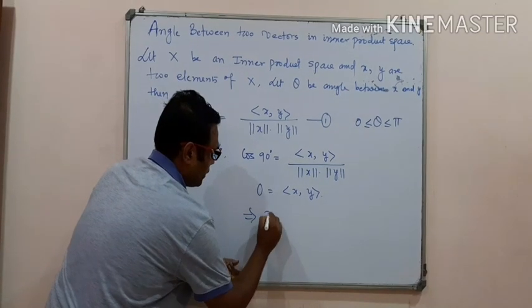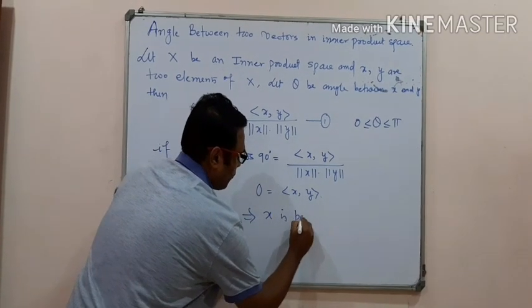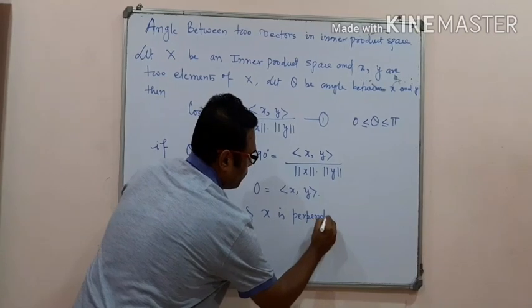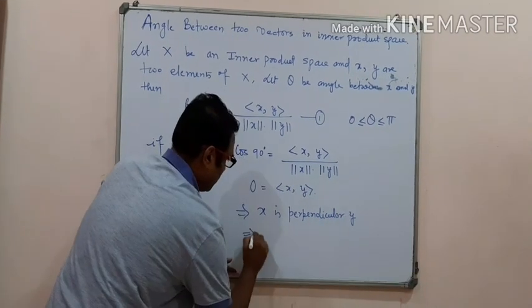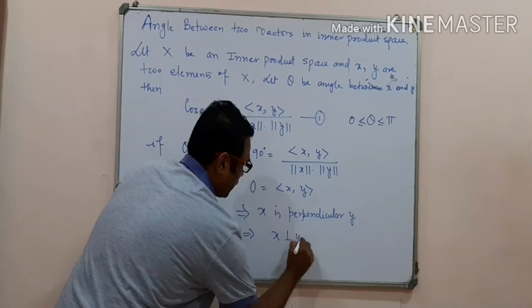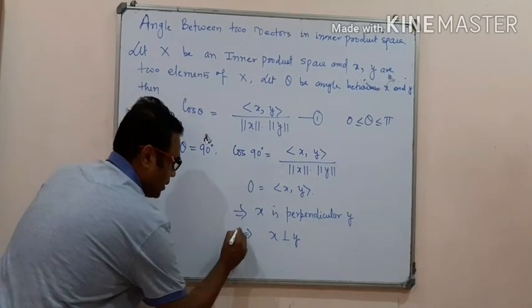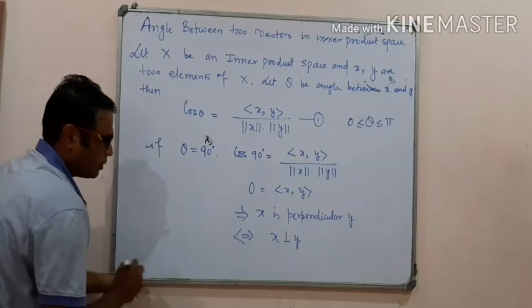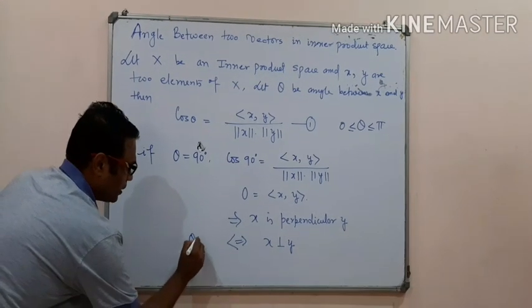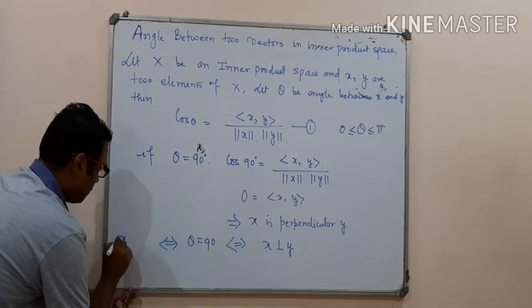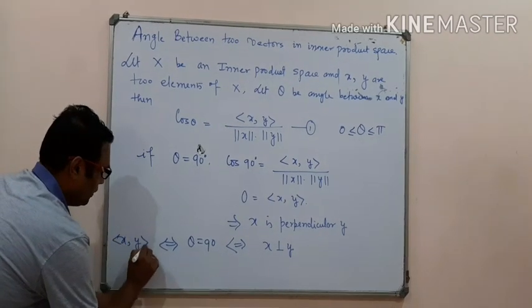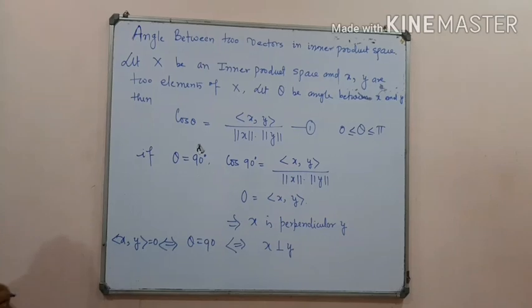It implies that x is perpendicular to y, denoted by x perpendicular to y. So it is an if and only if condition: if x is perpendicular to y, then theta is 90 degrees, and in that case the inner product between these two vectors is equal to 0.